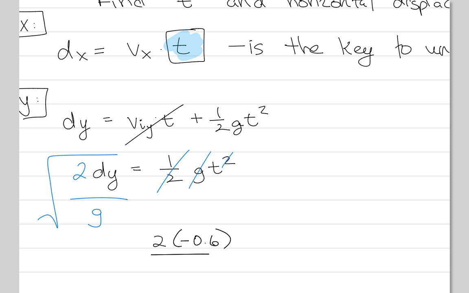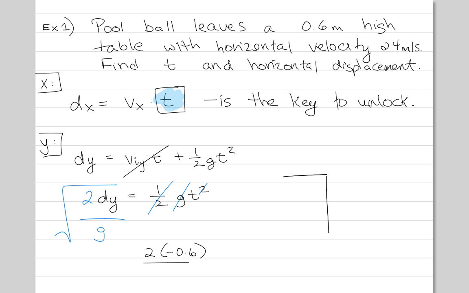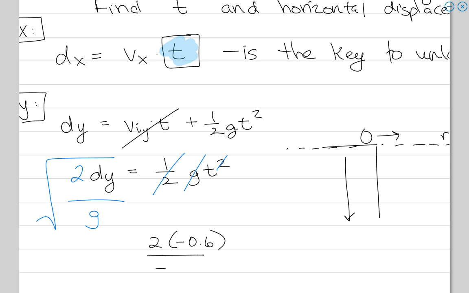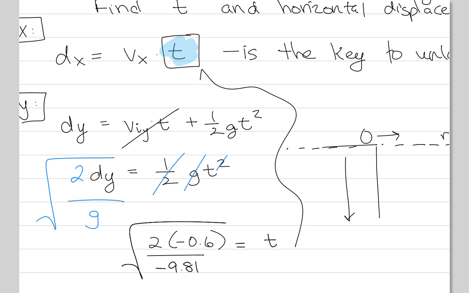Do I need to draw a picture to show that? The ball is shot off like this. This is like your reference. So the displacement is negative 0.6 vertically. So 0.6 meters negative divided by negative 9.81. I typically omit the units because I just get lazy with doing it all the time. And we're going to square root this, and we'll get t. Once we have t, we can pump it back up into our formula for dx. Okay?